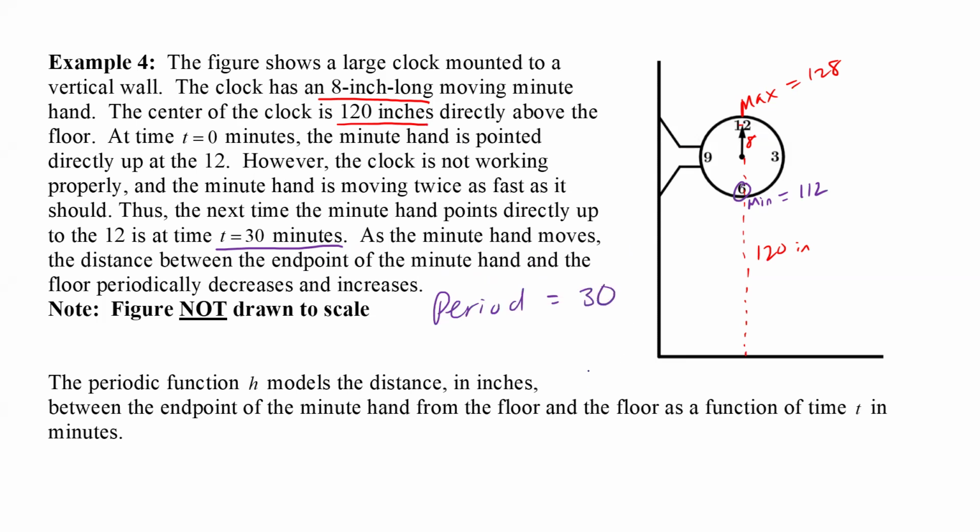Does that make sense? And we're going from a max to a max. So we're analyzing a cup or a snake. A cup. We're analyzing a cosine function because we're going from a max to a min and back to a max. Does that make sense? So it's going to be a cosine model.